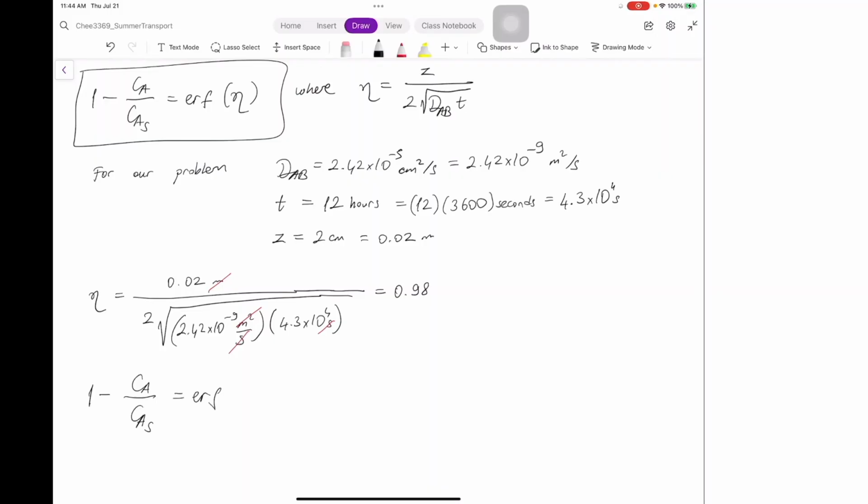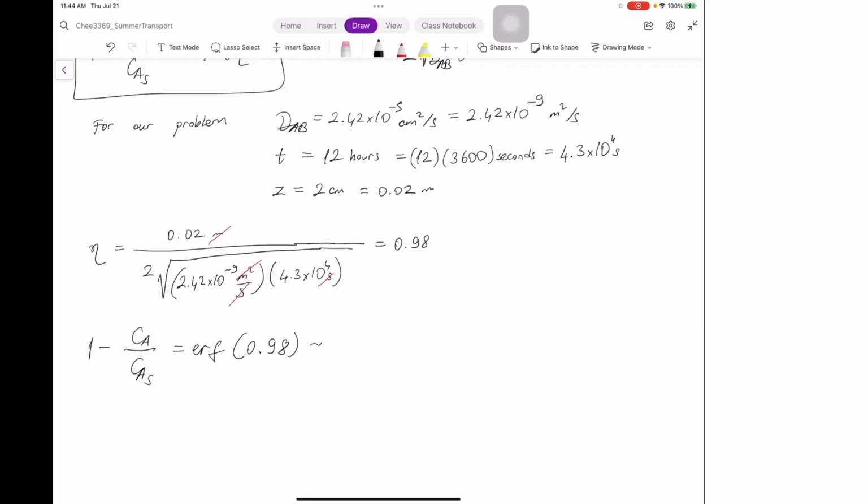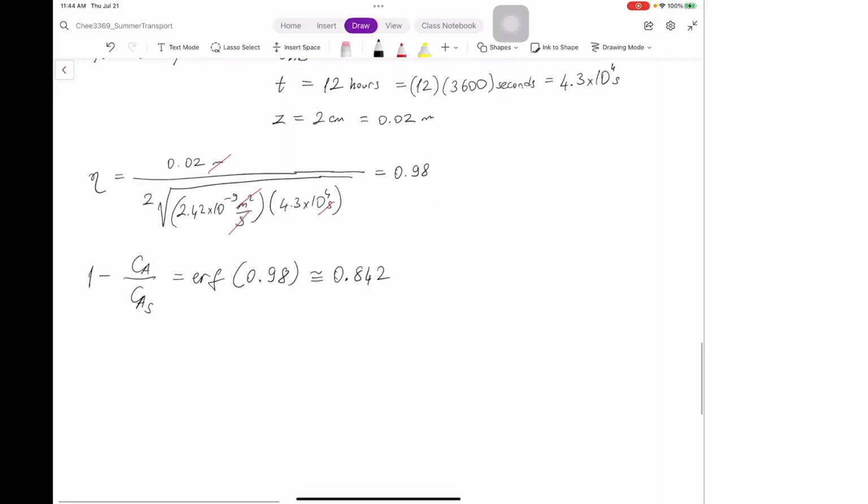The error function of 0.98 is approximately 0.842, unitless. And then CA over CAS comes out to be 1 minus that value, which is 0.158.